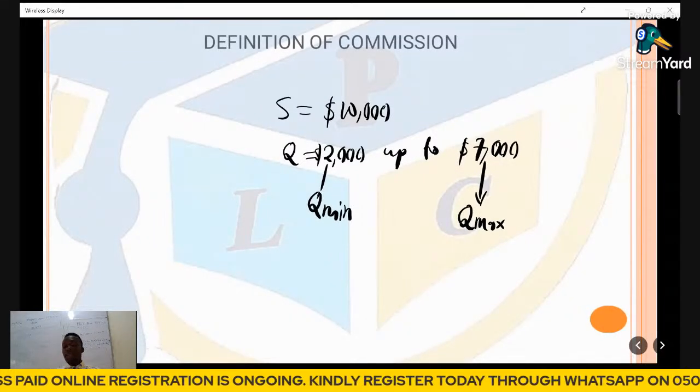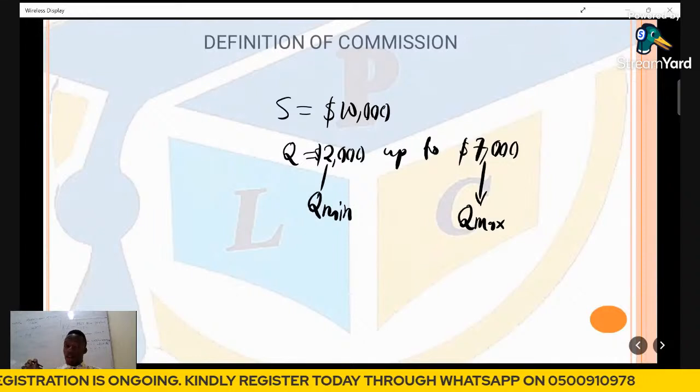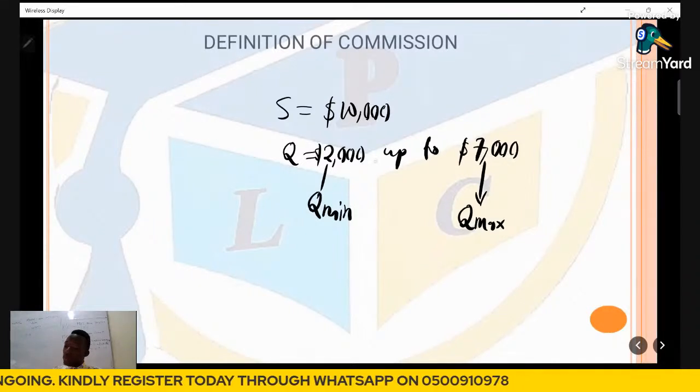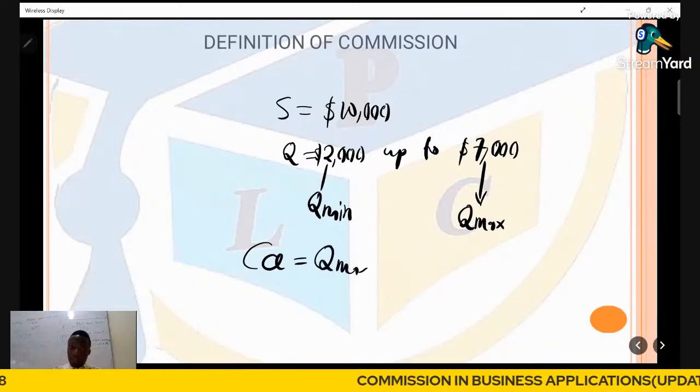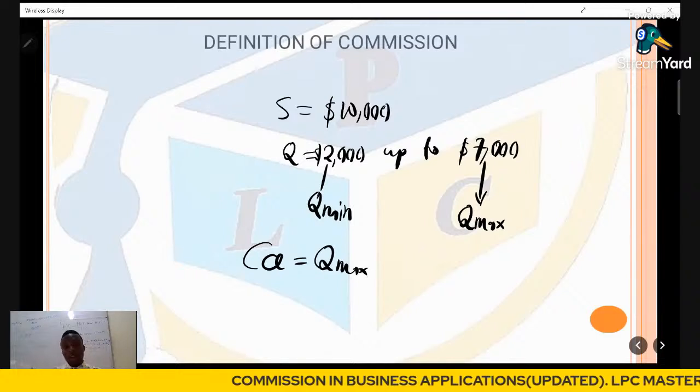All right. So for you to earn your commission, the commission amount is the difference between the minimum quota and the maximum quota. By difference, I mean you subtract the minimum quota from the maximum quota.